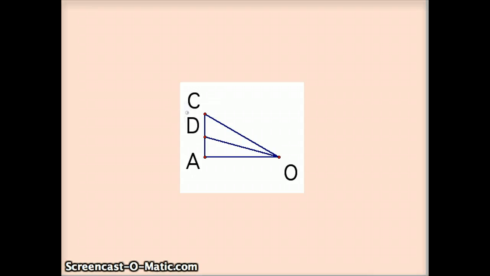Now we established before that CA was 0.2886 approximately. Now AO was 0.5 and OC was double AC, so that's about 0.5772. I'll just round here.